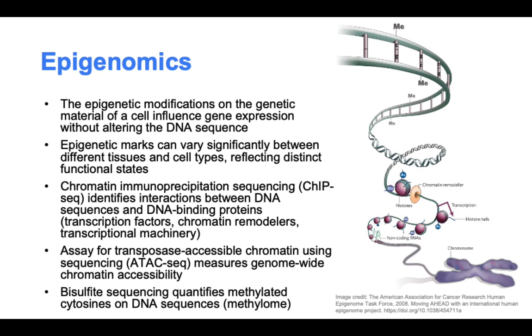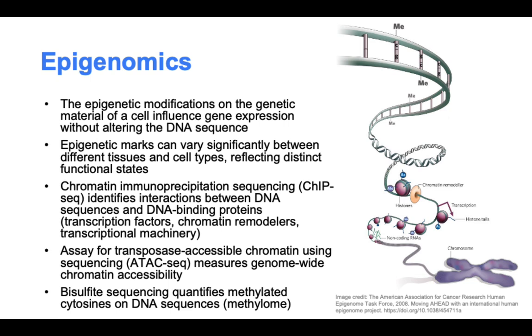The last modification or sequencing method is bisulfite sequencing. This is specific to DNA methylation, and methylation is very important in a lot of diseases, so it gets its own omic called the methylome. What methylation does is attach a methyl group to the cytosine of the DNA molecule.